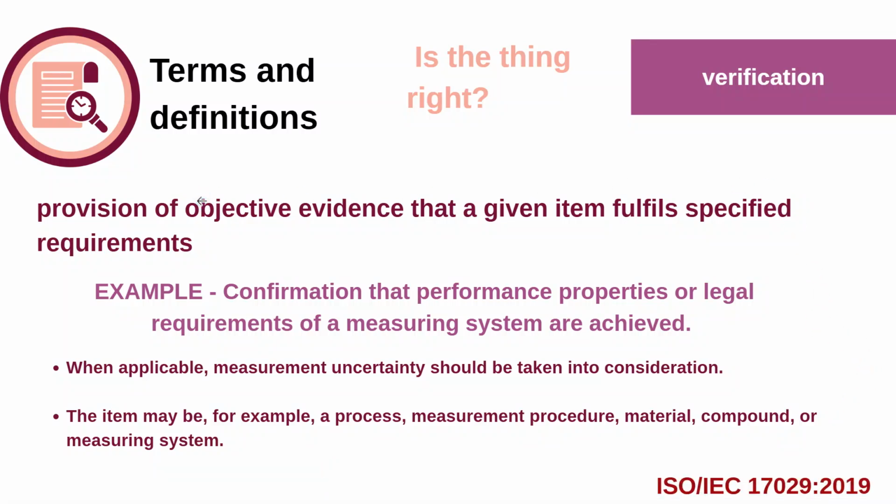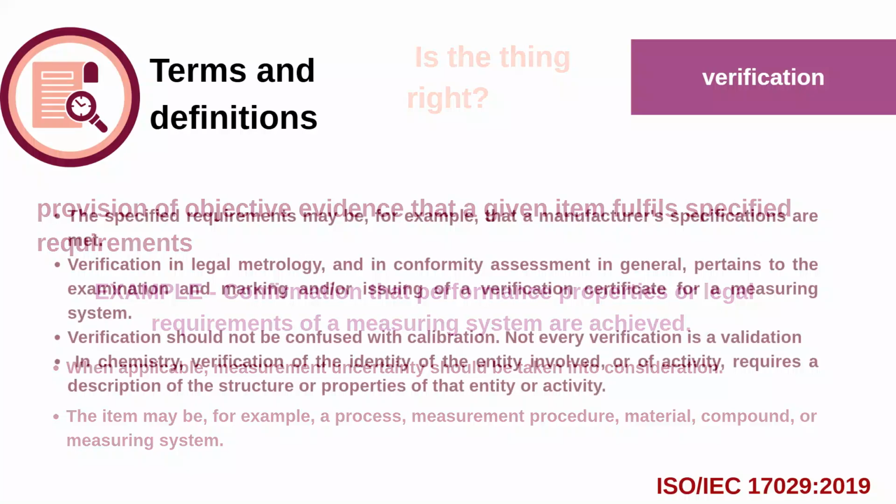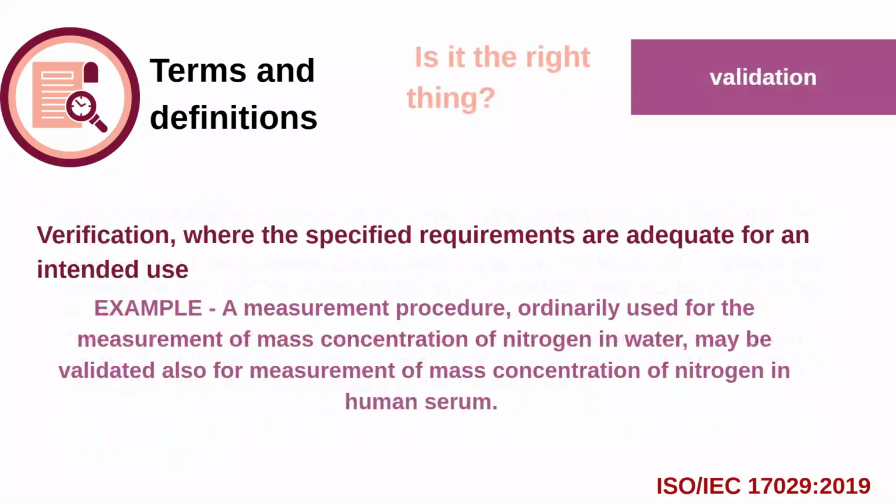The recent one is the 2019 version, right? And validation is about whether it is the right thing for the purpose. For example, there is an example here on the screen itself. There are different measurement procedures for different things. There's one measurement procedure ordinarily used for the measurement of mass concentration of nitrogen in water.